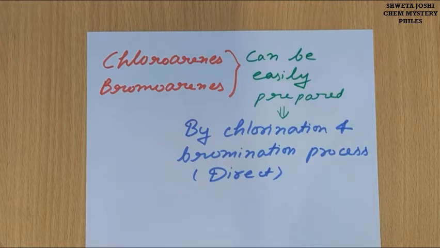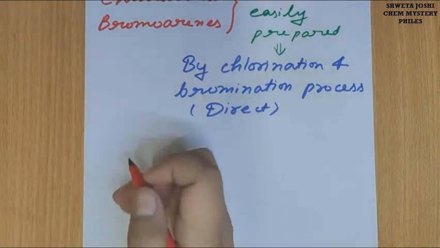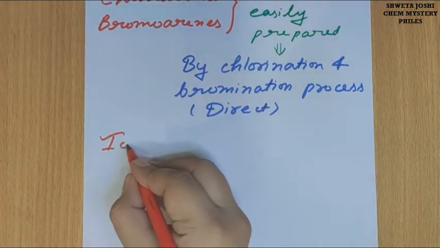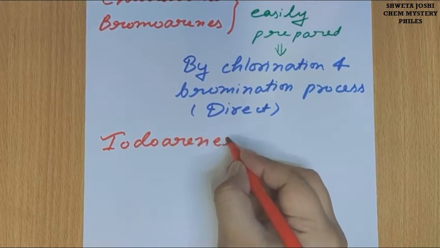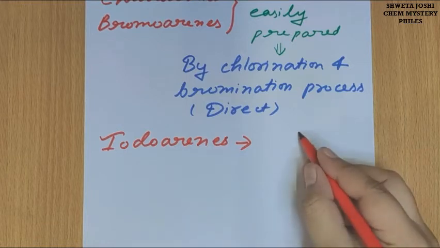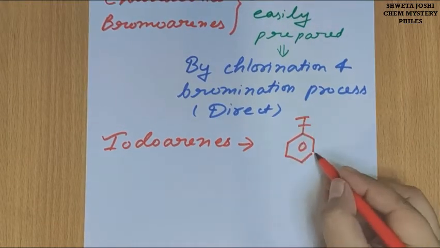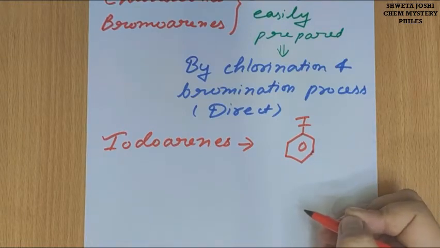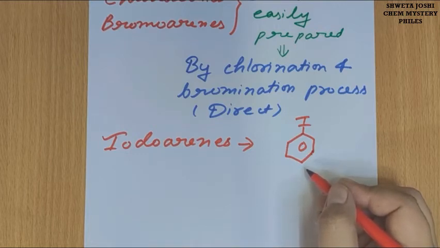But if you want to form iodoarenes like iodobenzene, in this case, along with iodine, you have to take a certain oxidizing agent also.